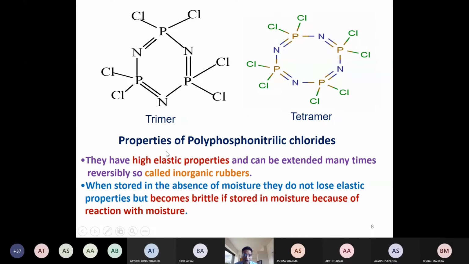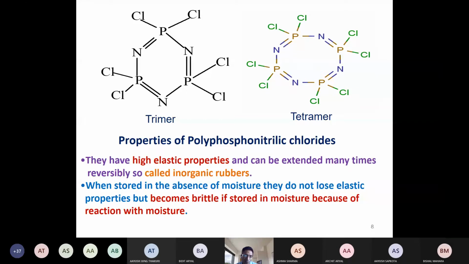The properties of polyphosphonitrile chloride: they have high elastic properties and can be extended many times reversibly. So these polymers are called inorganic rubber because of their high elastic properties.